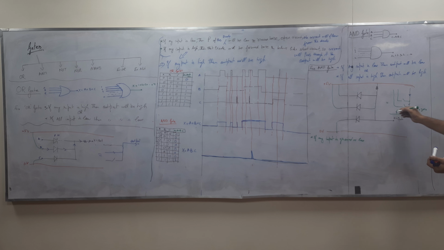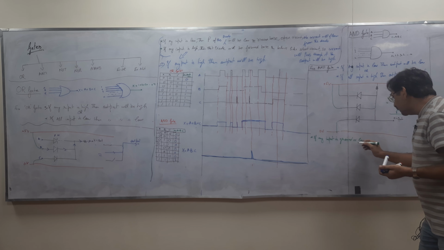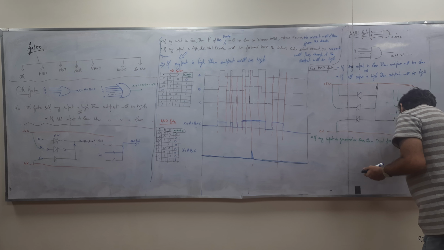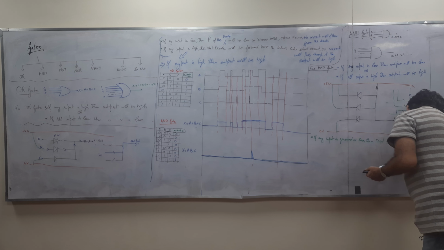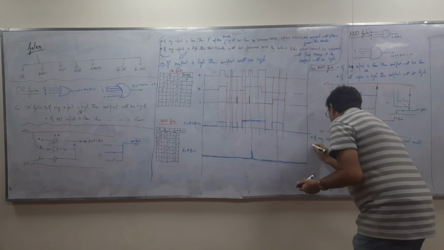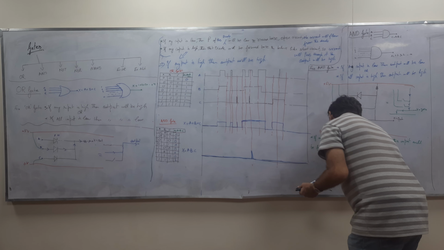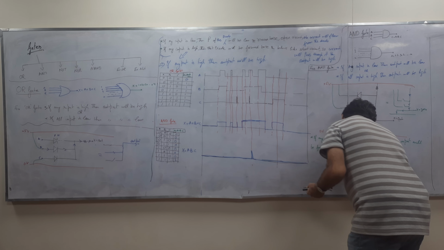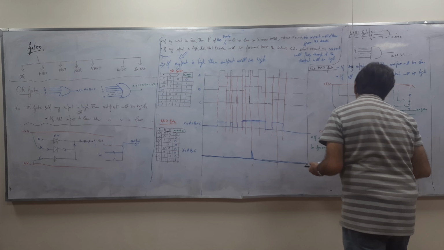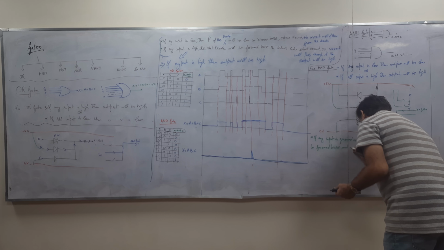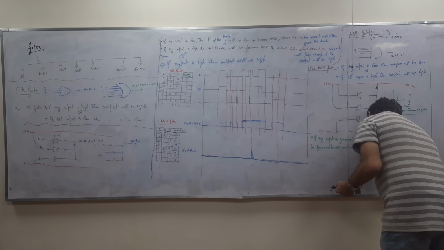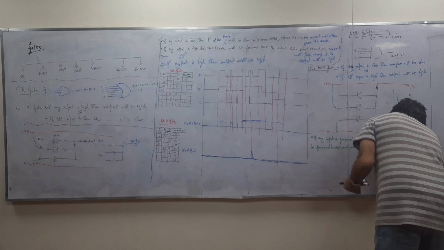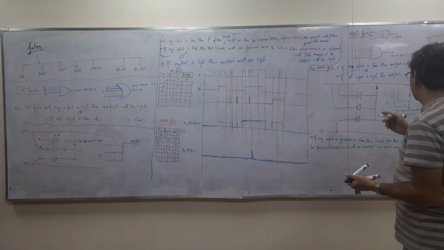Because all current will pass through, if any one input is ground or low, then the diode for this input will be forward bias and will be treated as a short circuit.